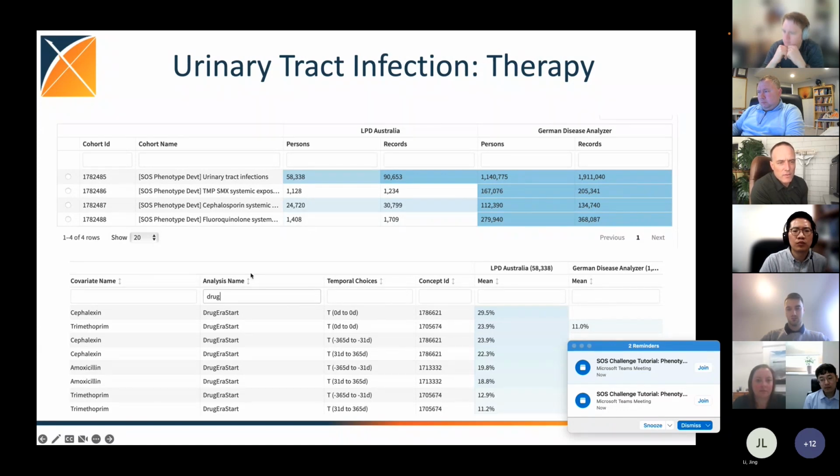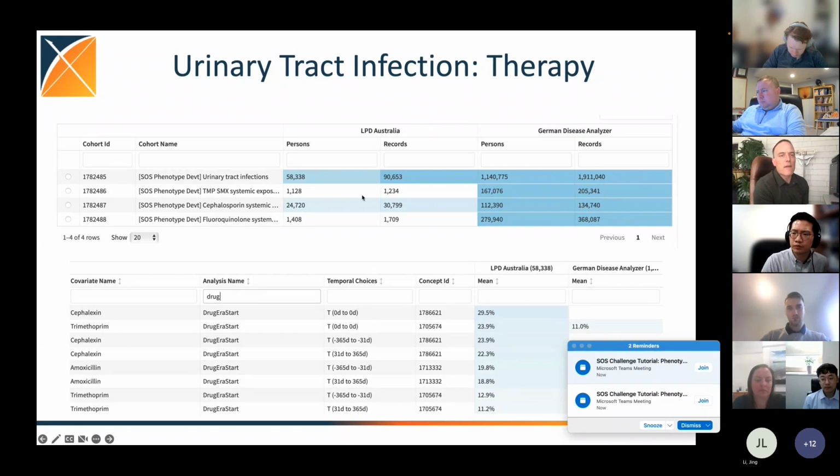But one of the things I noticed when looking at other entries in the drug domain is that we did actually have a lot of trimethoprim. I'm not familiar with the patterns of practice or drug distribution in Australia, and I don't know if trimethoprim is used without the sulfamethoxazole component, but there actually was a fair bit more trimethoprim used than just trimethoprim sulfamethoxazole.